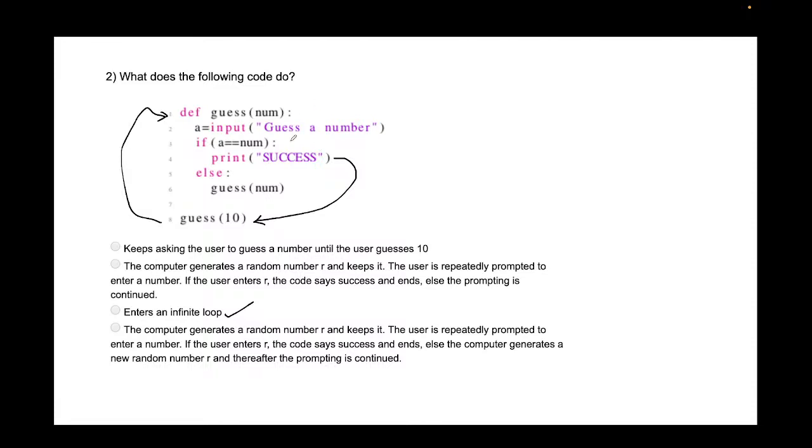If we guess the number as 10, it will keep on printing success. If our guess is some other number, it will keep us guessing a number until it is equal to 10. If it's 10, it will print, but it will be in an infinite loop. It will again ask us a number, and then it will keep on printing success. Okay, so there should have been a break statement after this.